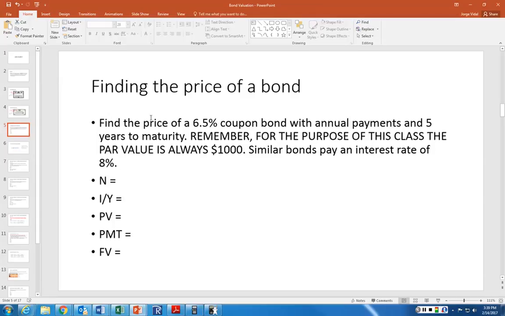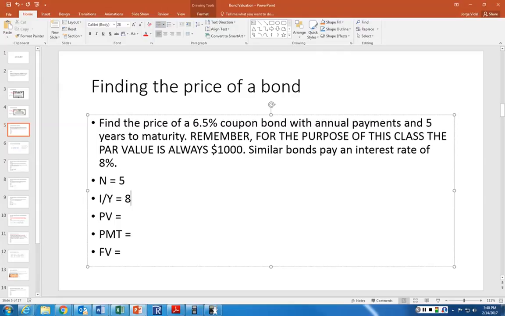So let's do one bond. It's a 6.5% coupon bond. It makes annual payments, 5 years until maturity, par value 1,000, and similar bonds pay 8%. So the price will be N equals 5 payments, 1 per year. The I/Y is the 8%, or YTM, or required rate. You're looking for the present value.